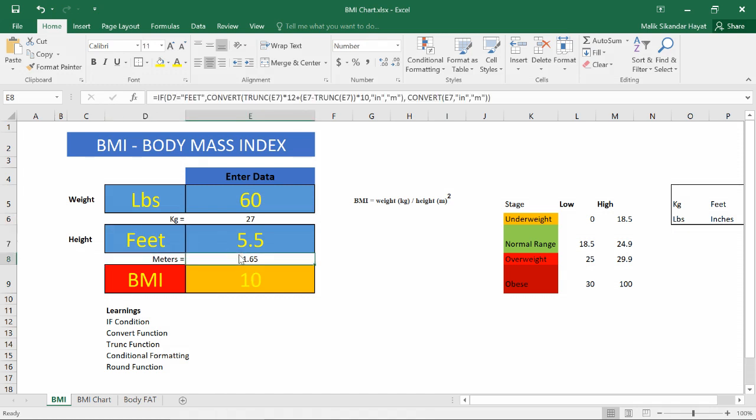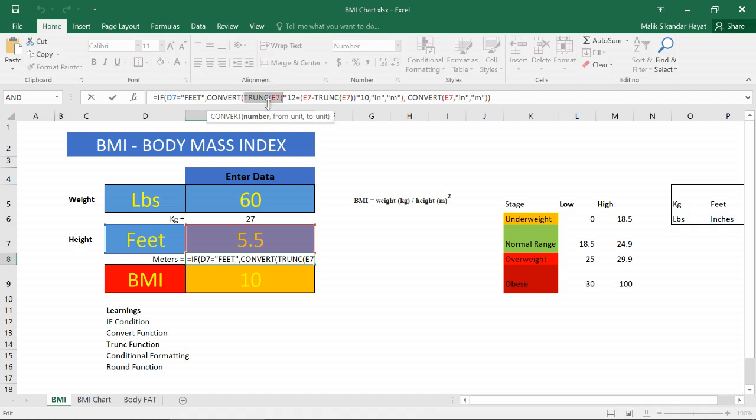Here it is a bit tricky, because the convert function was not giving direct conversions. So I am using the if condition, then convert and truncate. Just have a look over here. I will upload this sheet and there will be a link below the video, so you can download it for further practice and to have these formulas.